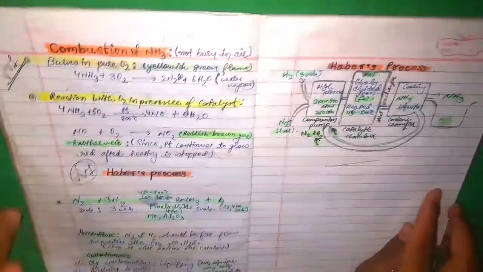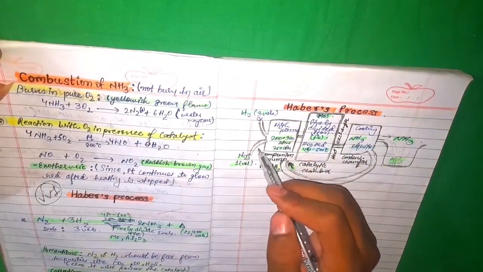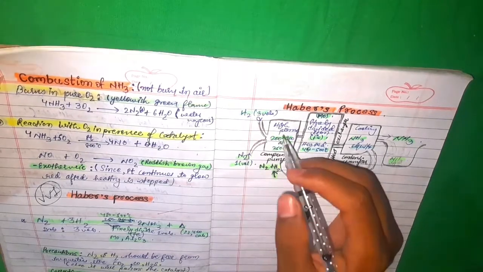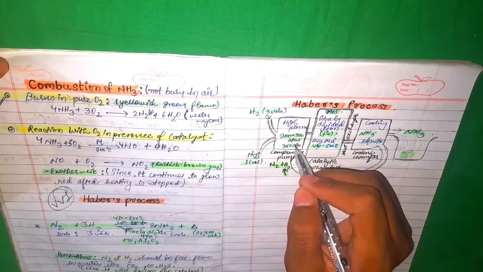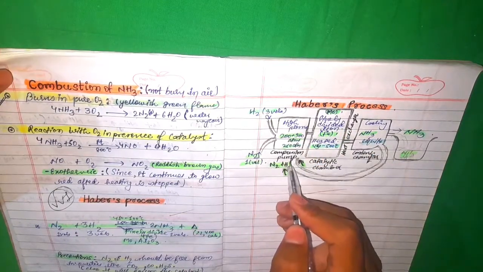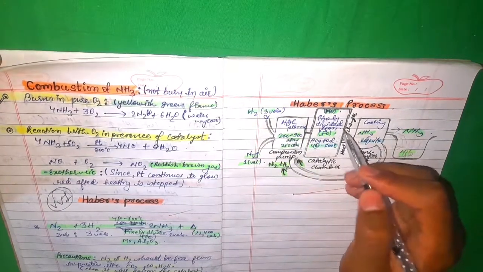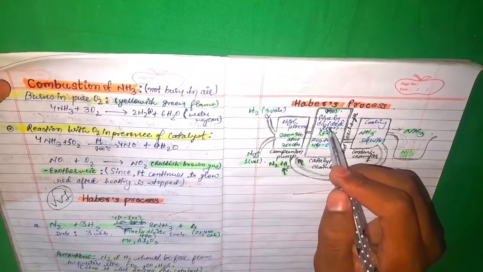So the process setup is like we are taking hydrogen plus nitrogen in the volume ratio of 1:3, nitrogen 1 and hydrogen 3, and then with high pressure, that is 200 to 900 atmospheres, we compress in the compression pump. Then it moves through the tube to the promoter and catalyst part, where the reaction gets boosted.